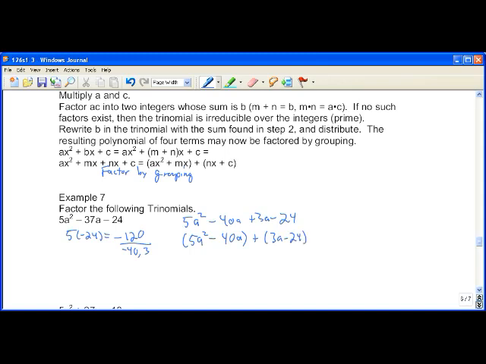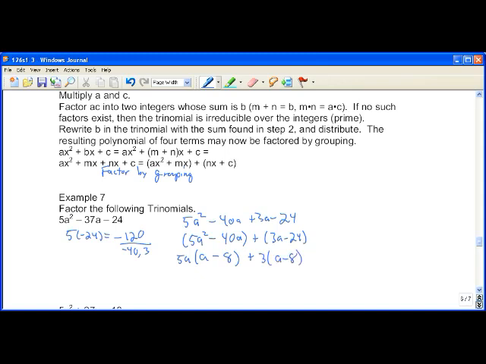So 5a squared minus 40a, what can you pull out of those two? 5a. Thank you. And then we'd have a minus 8. How about the second pair? 3a minus 24. Just the 3.